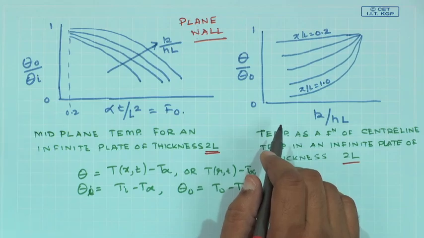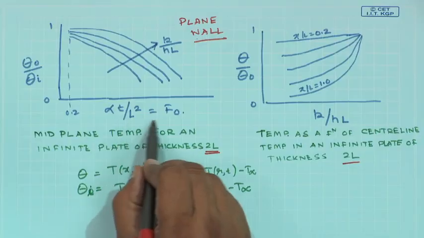So, let us say you would like to find out what is going to be the temperature of a plane wall which is experiencing convective heat loss or gain from two sides. The thickness of the plate is twice L and it is really wide in other directions. So, how do you find the temperature knowing that the lumped capacitance model cannot be used?